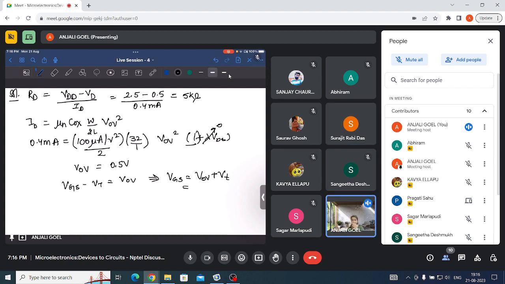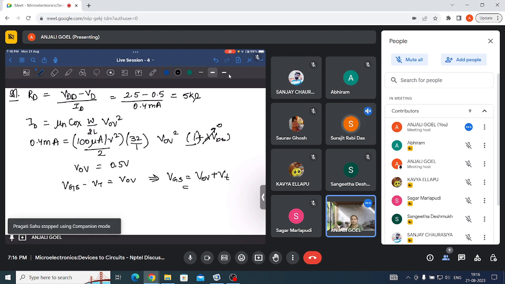If the situation comes that it is not in saturation, then we assume that it is in linear. But if it is not mentioned that it is in the linear region, we by default operate it in the saturation region. Yeah, saturation region. Okay.